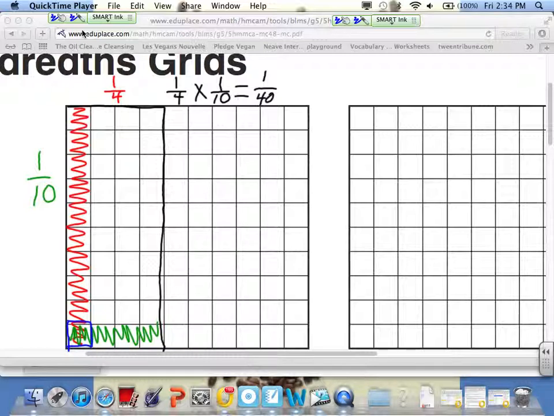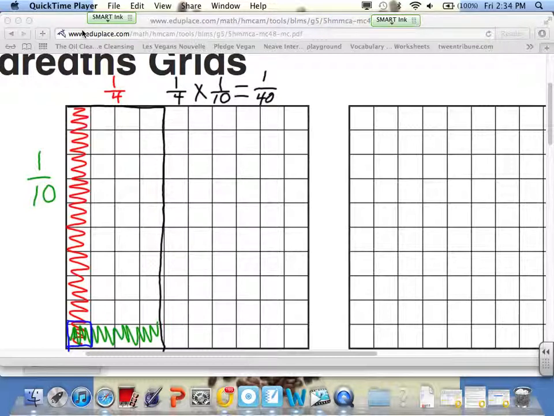And lo and behold, what we get is one of the 40 marked off. So if you multiply 1/4 and 1/10, you get 1/40th. Pretty simple? Okay, we're going to try another one.